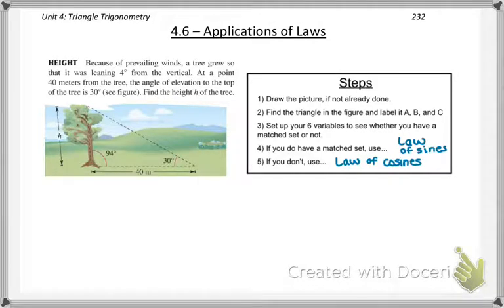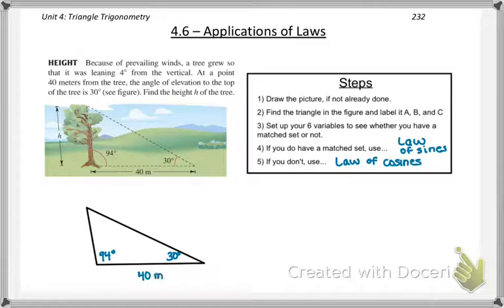So let's start by redrawing this triangle, just a sketch. And I'm going to relabel it. So this is 94 degrees. This is 30 degrees. I know that this is 40 meters. And I'm looking for the height of this tree.